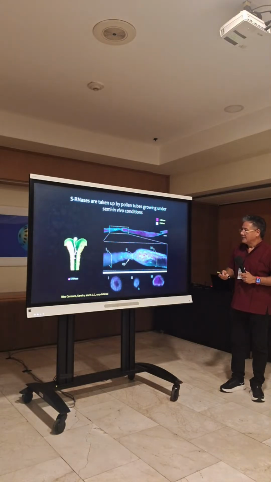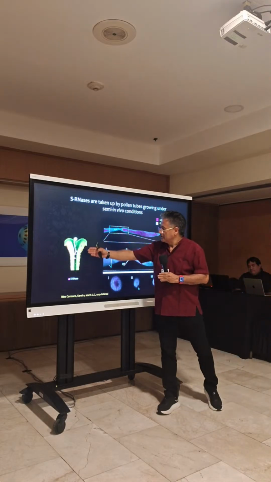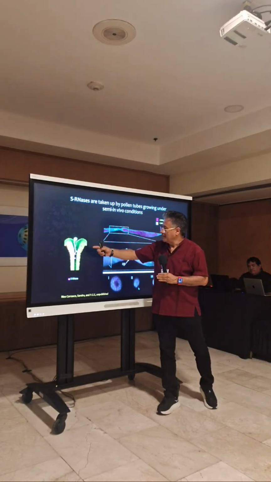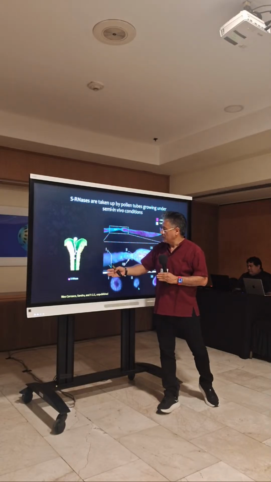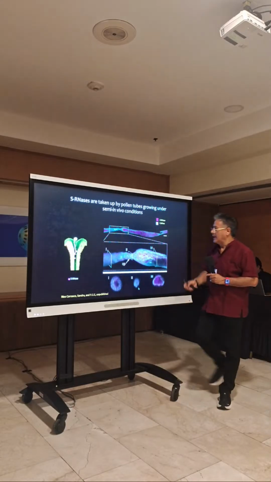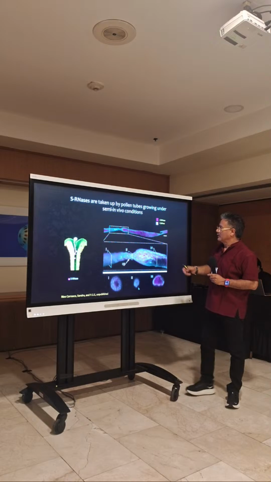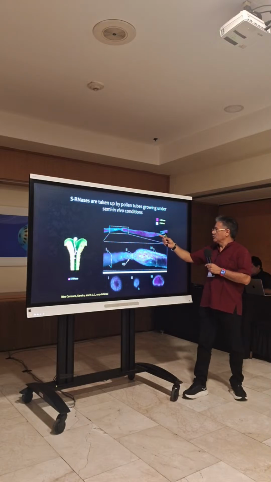And to get an environment similar to the pollen rejection in the pistil, we now use slices of pistils after pollination, 3 hours after pollination. The pollen tubes are going to grow through the extracellular matrix and we apply the sRNAs labeled with Texas red, and we can see here a pollen tube with a lot of sRNAs inside of it.